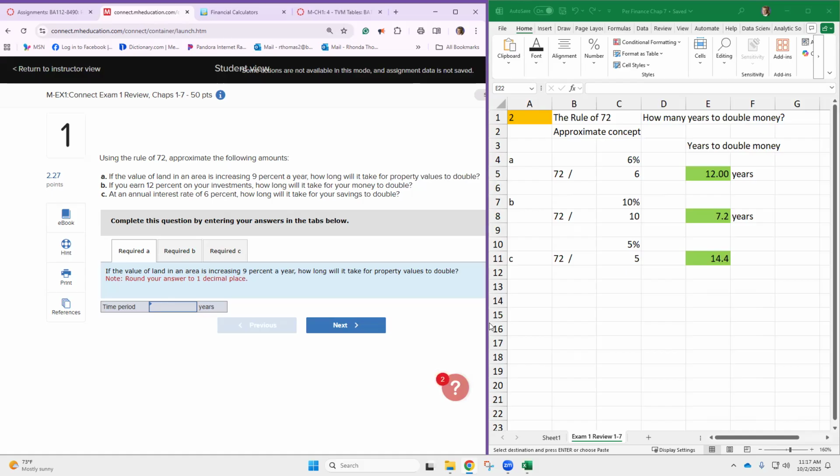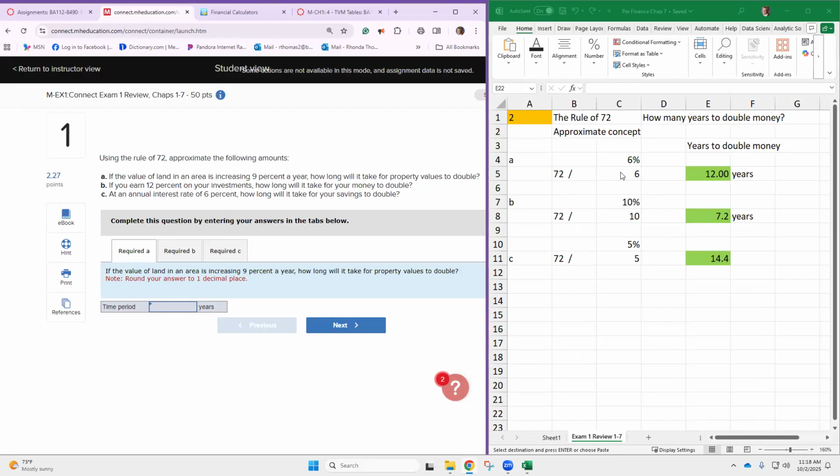My first one says if the value of the land in an area is increasing 9%, how long will it take for property values to double? I'm going to put the number 9 here, and then it's going to tell me years. So I've got one that says 9, one that says 12, and one that says 6. You'll want to do the math.